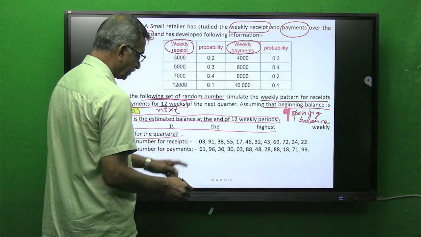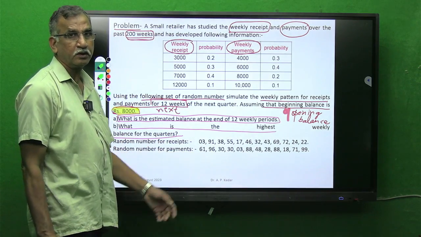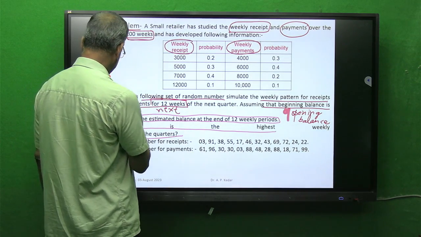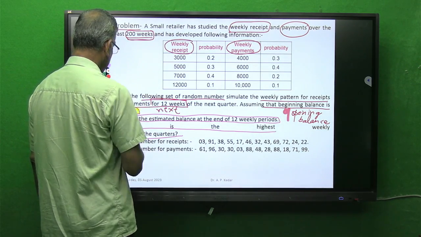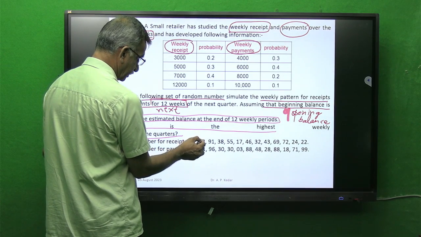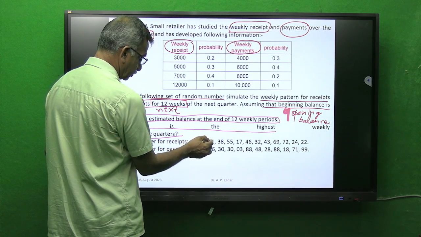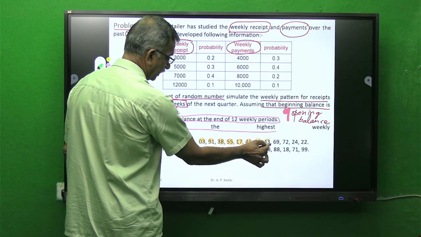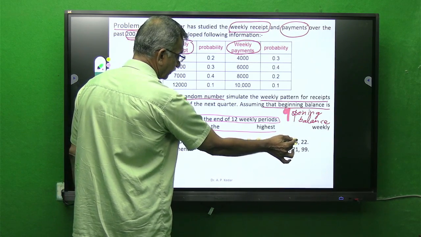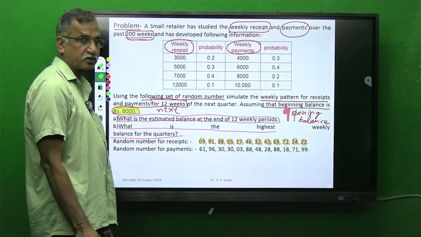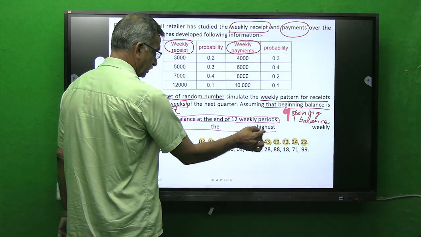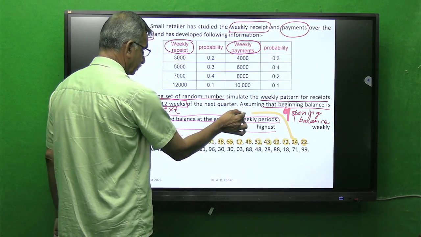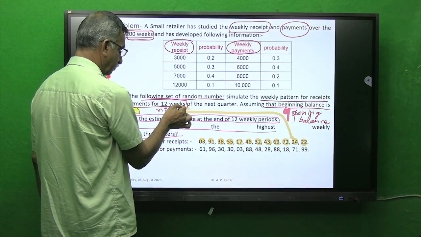Now you can see here you are given 12 random numbers, 1, 2, 3, 4, 5, 6, 7, 8, 9, 10, 11, 12. 12 random numbers are given because you have to simulate for 12 weeks.